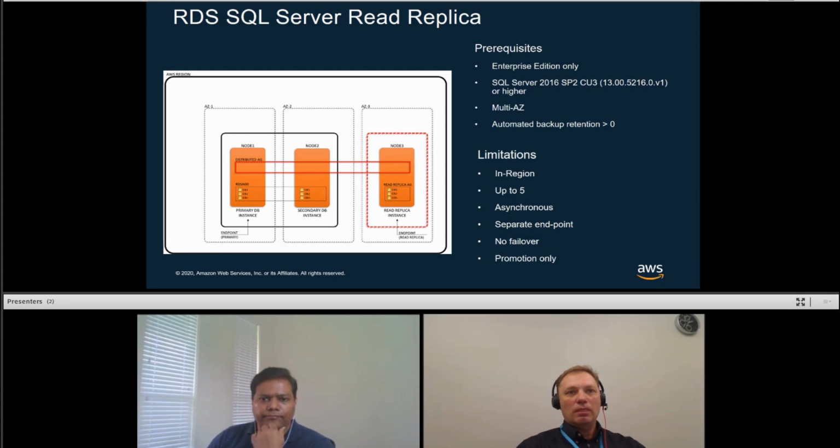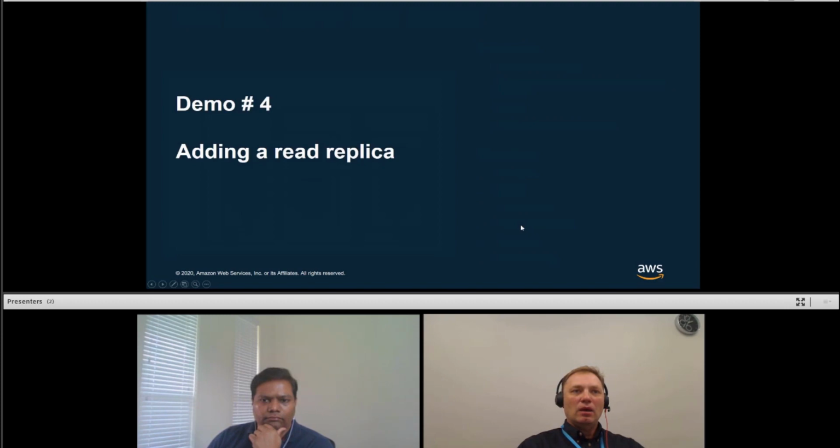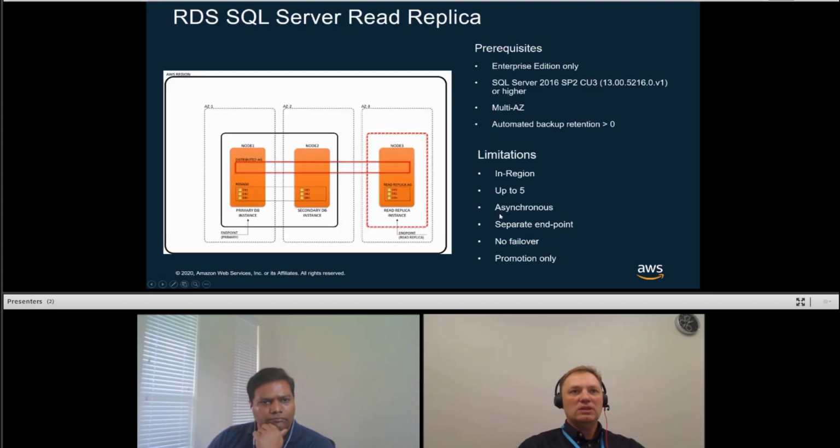And the separate endpoint is a very important one. I apologize. It's a source of a lot of confusion for a lot of people, in that here on RDS, every read replica comes with a separate endpoint. So it is impossible to get to the read replica through the primary endpoint, the listener endpoint of the primary, right?